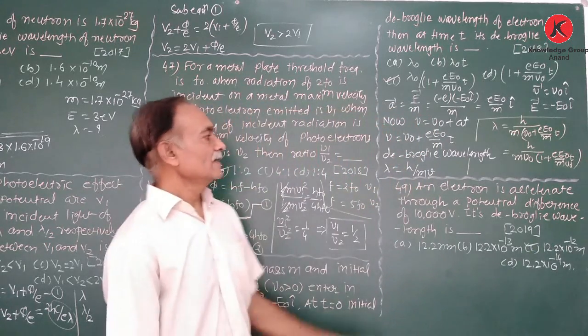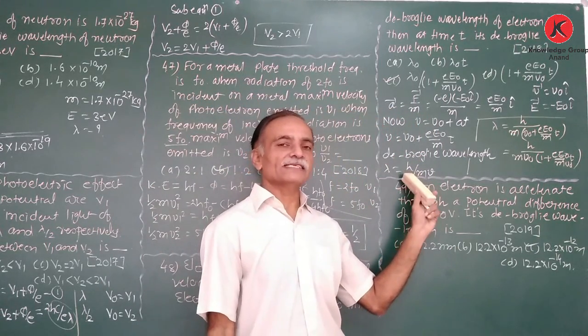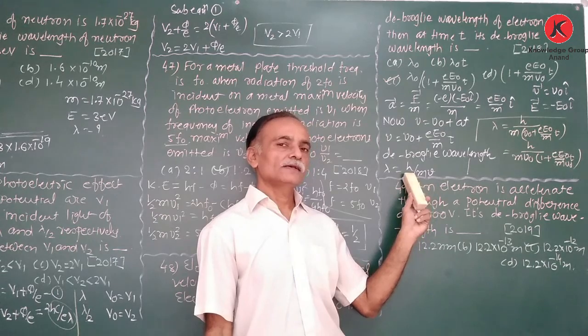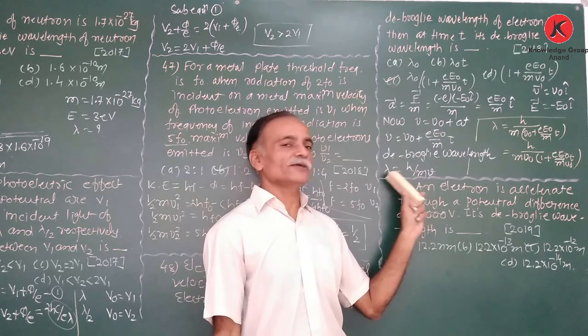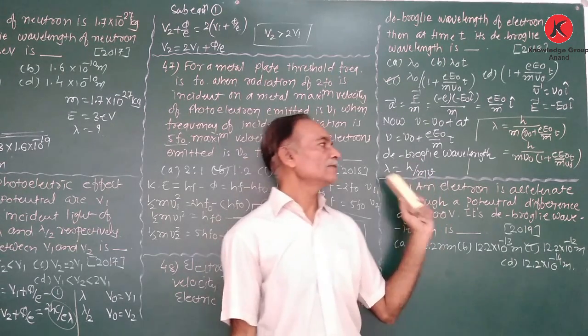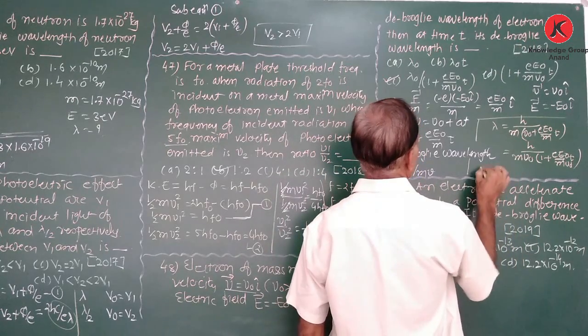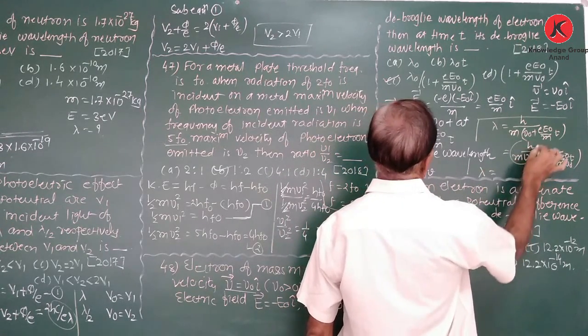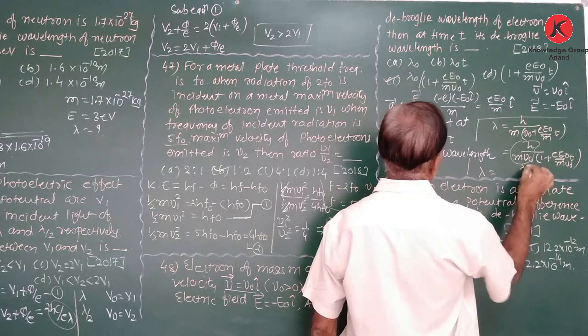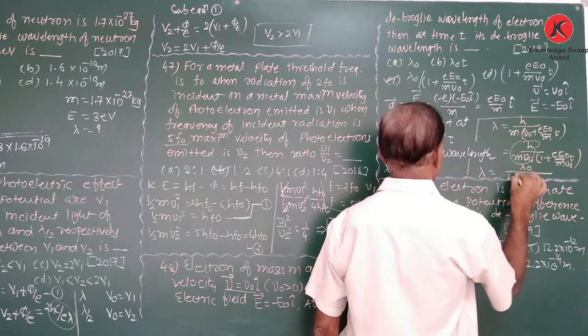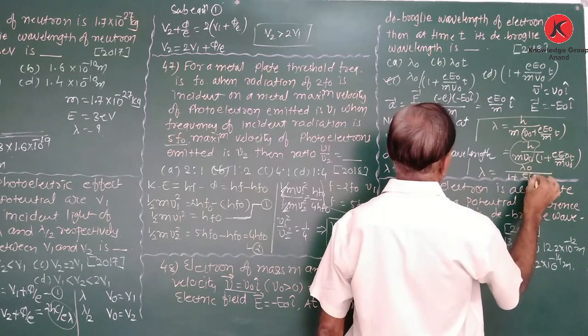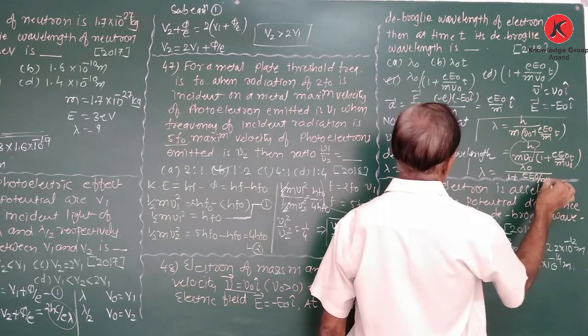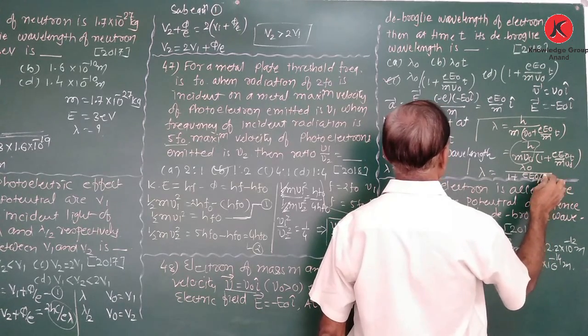Now we know that wavelength lambda is equal to h upon mv. Now h upon m v0 is equal to lambda 0. Therefore, we can write lambda is equal to lambda 0 upon 1 + e E0 upon m v0 into t.